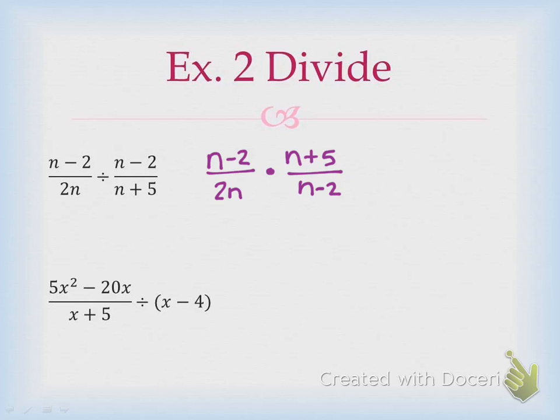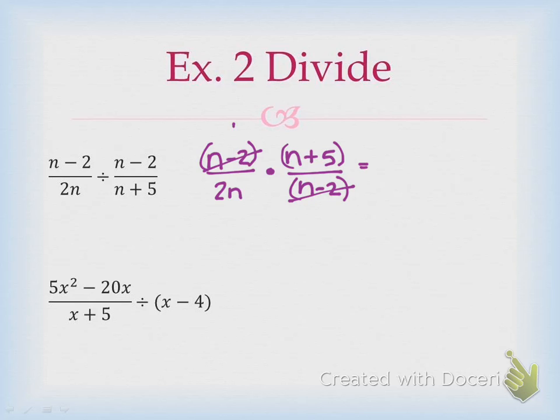Okay, let's go ahead and put parentheses around what's off limits. Hebron, what is off limits? Perfect. Do you see any identical pairs that can be canceled out? What is it? N minus 2 and n minus 2. Then I just multiply straight across.